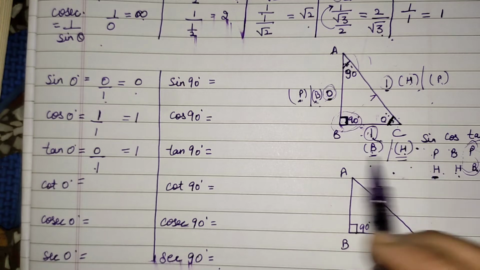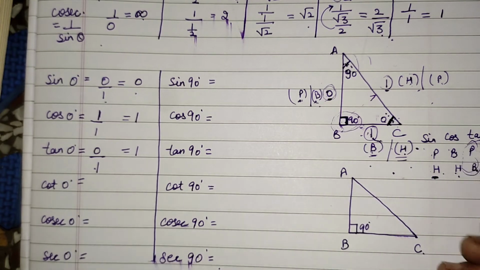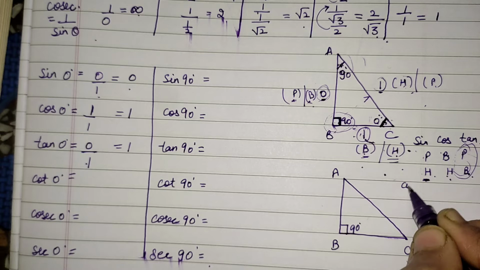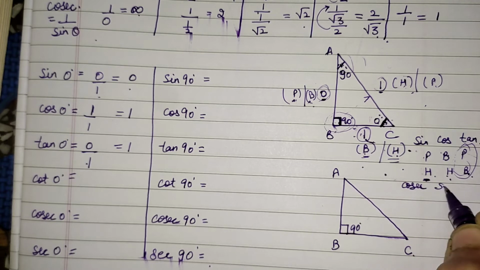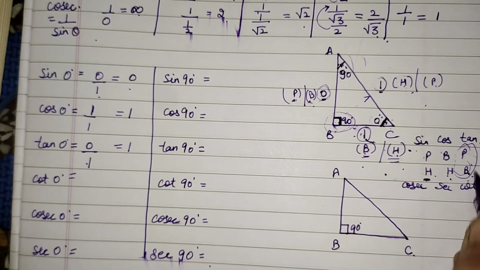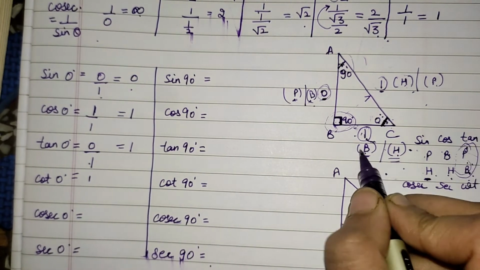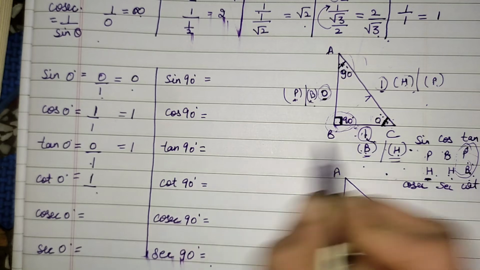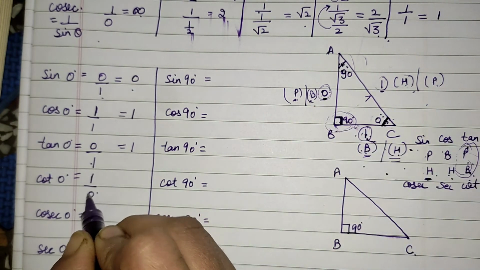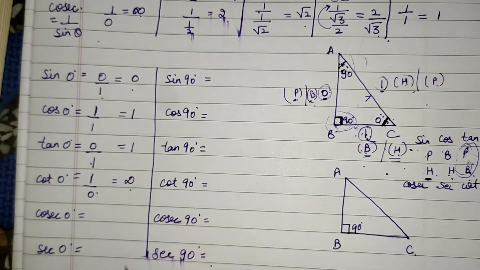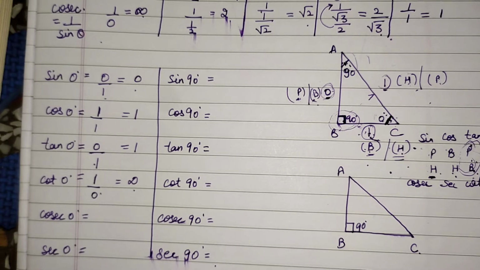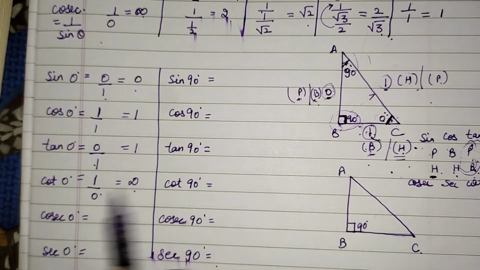Next, cot 0. Cot theta is base by perpendicular. So base is my 1 and perpendicular is my 0, and 1 by 0 is always equal to infinity. Then cosec theta.